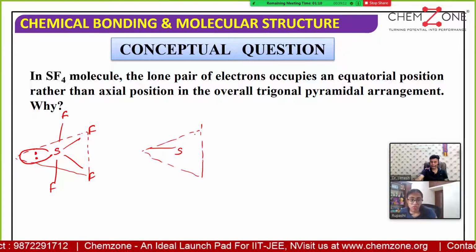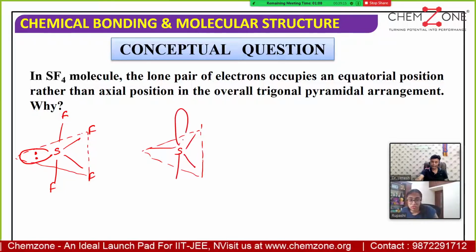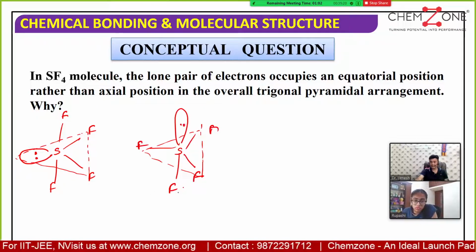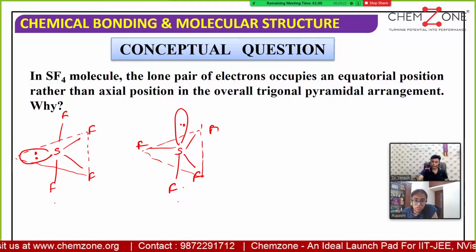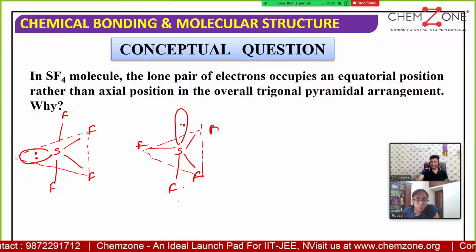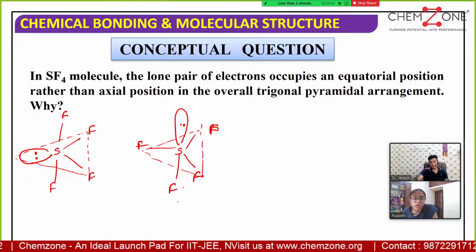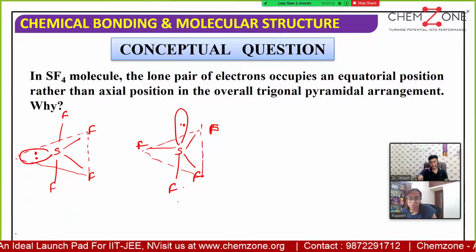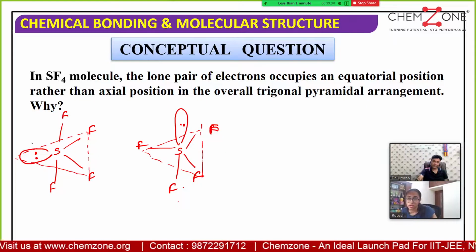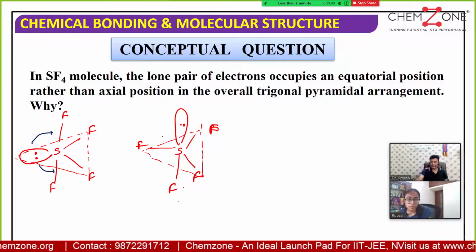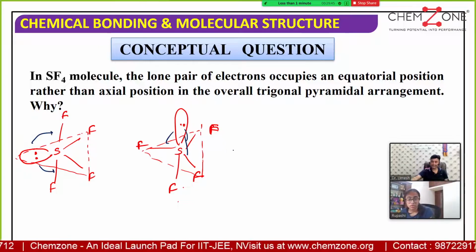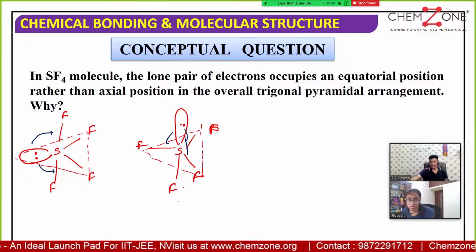If I put it on the axial position, then why are we not putting it there? Why is this unstable, or why is the first one more stable? I can put it anywhere, right? Because here it is perpendicular to two fluorines, whereas there it's perpendicular to three fluorines. Absolutely correct. Here it is repulsion to two fluorines and there repulsion to three fluorines, and that will make it unstable, right? Okay, good.